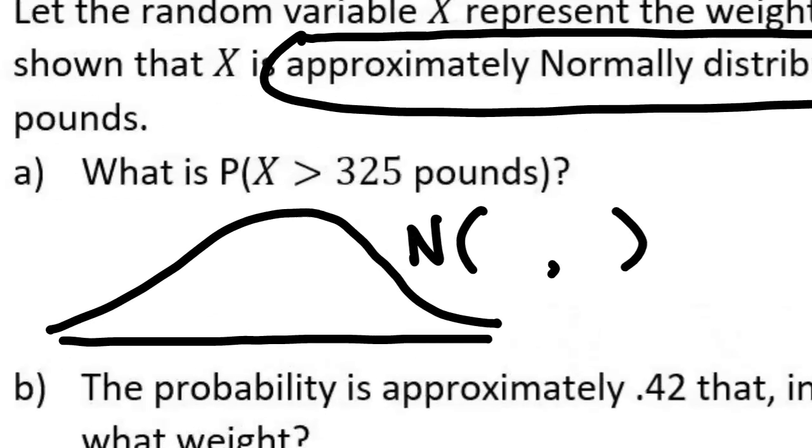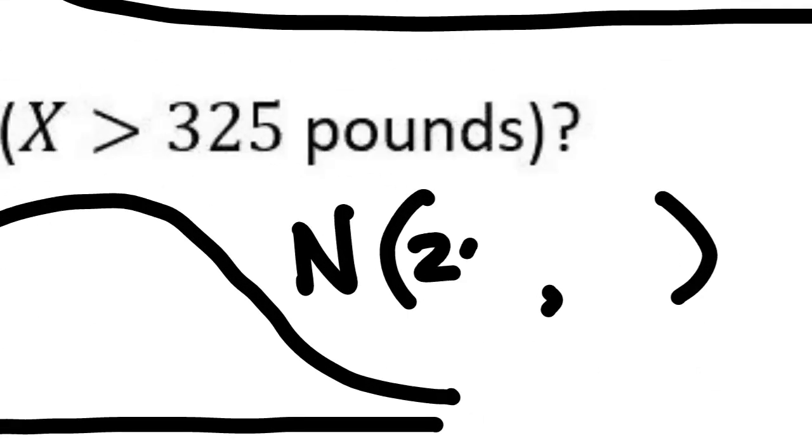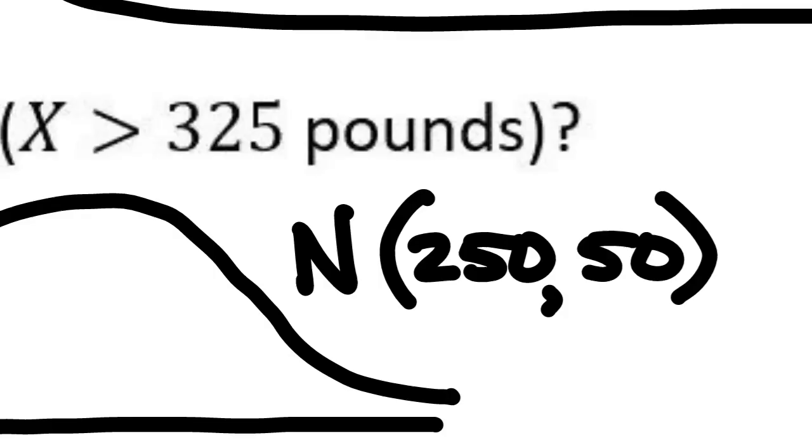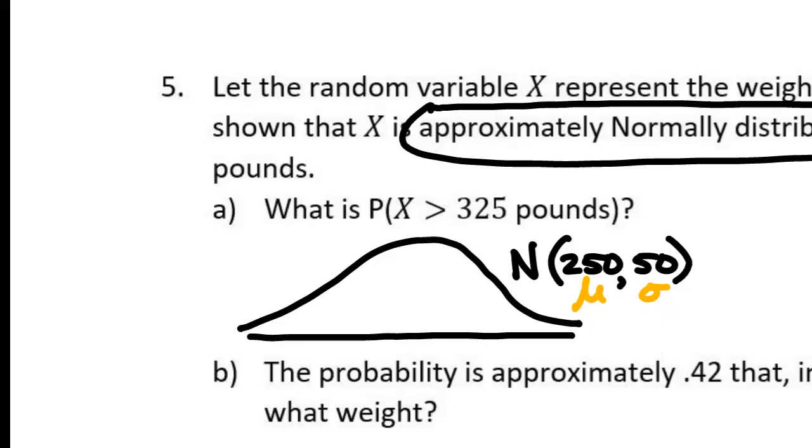Mean and standard deviation. What's our mean here? 250. Standard deviation? 50. Make sure you label both of those, mean and standard deviation. That's because there are different conventions for this, depending on the textbook you're using. My college textbook used a different convention here, so you need to label that so that the person reading it knows exactly what you mean by those numbers.